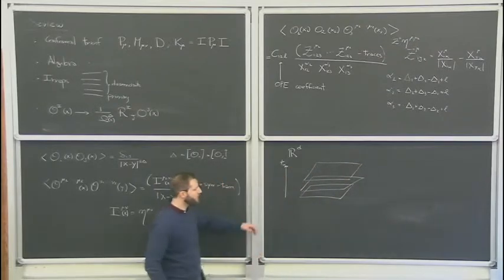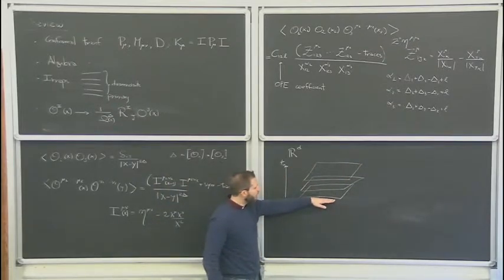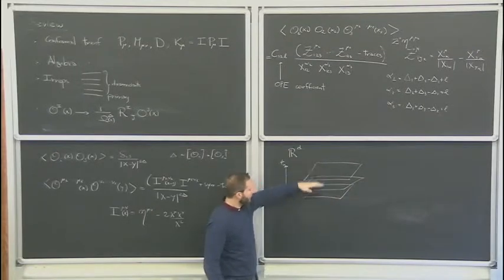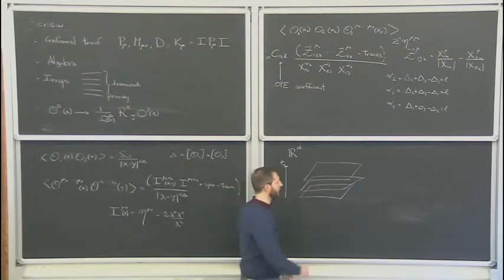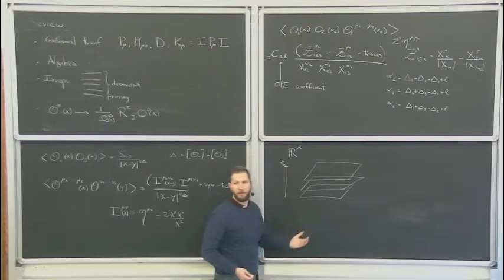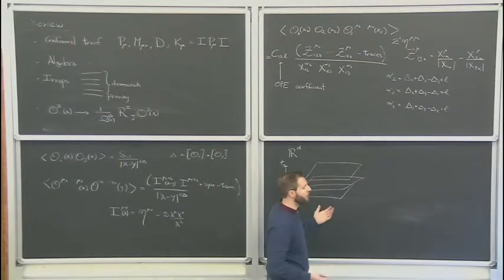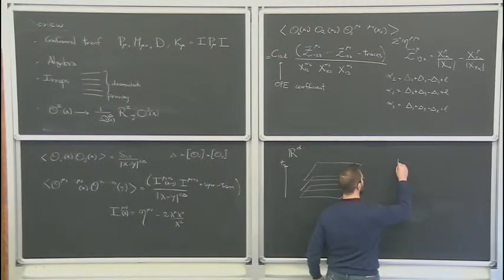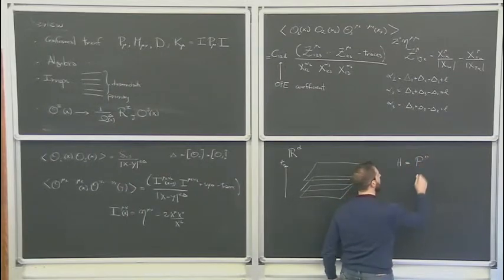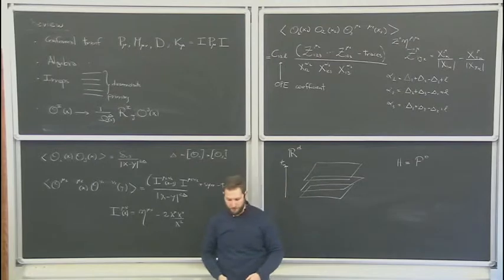And quantization means that if you have a state defined on some space slice, then you want to evolve the state to a different slice. And to do that, you define a time evolution operator. Normally, the time evolution operator is the Hamiltonian H, which you can identify as the zero component of the translation operator.